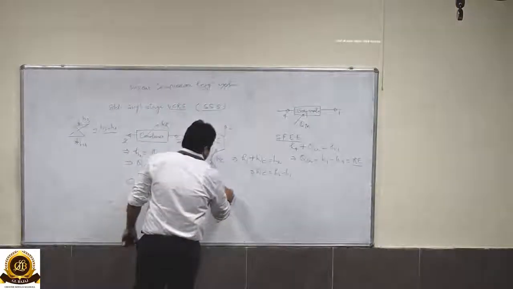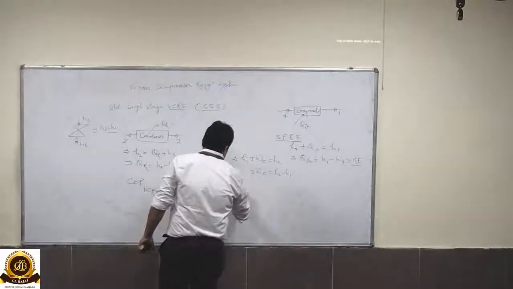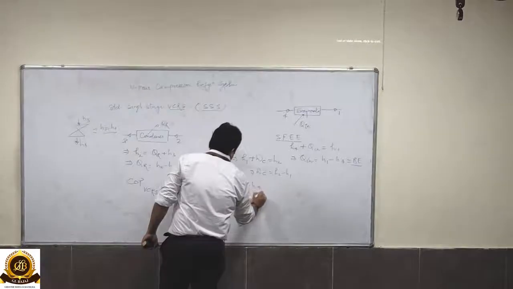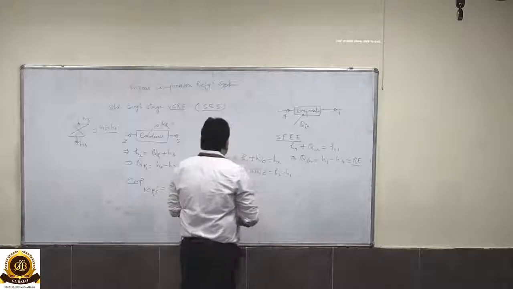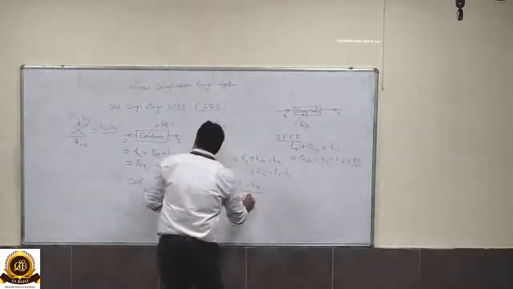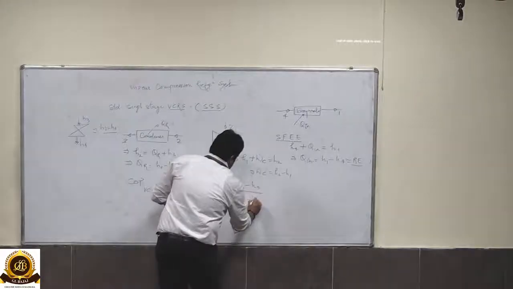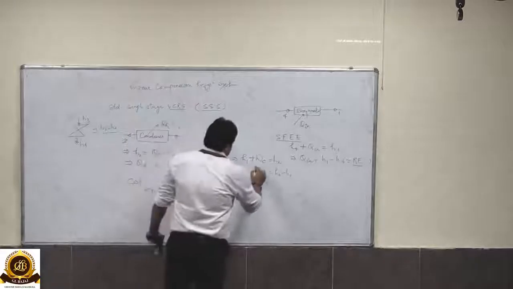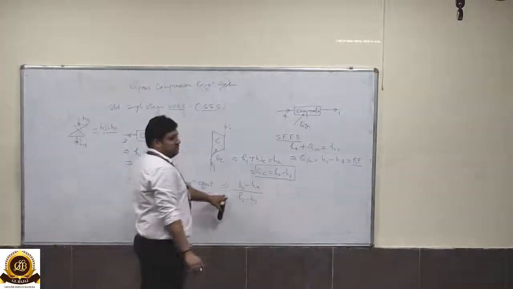The refrigeration effect we have found as H1 minus H4, which is produced in the evaporator, while the work input to the compressor is given as H2 minus H1. As we applied the steady flow energy equation to the compressor, we have got these values.